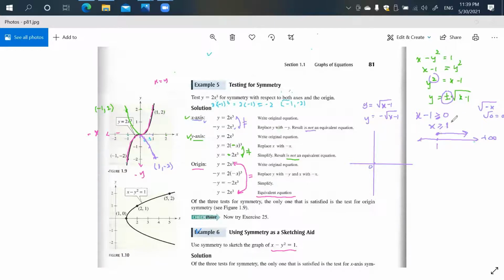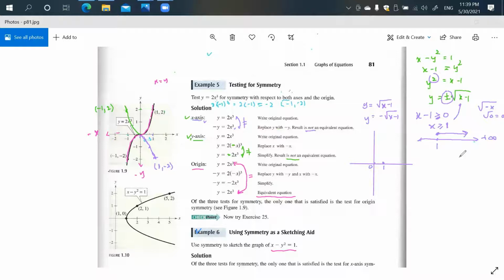You replace x equal to 1 here, and y becomes 0, correct? The square root of 0 is 0. So if x is 1, y is 0, so we have this point.